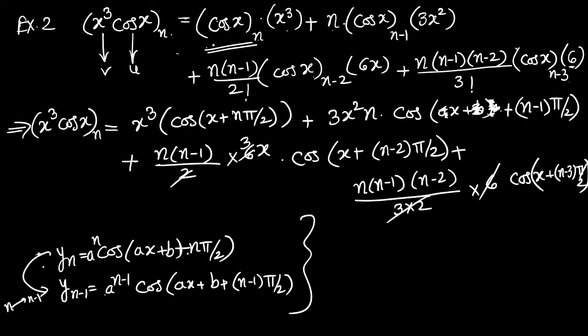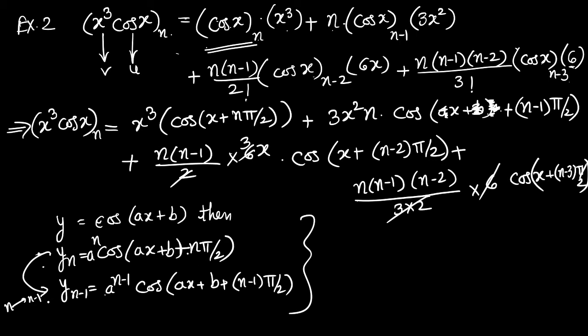Now for this cos x, we apply the derivative formula: whenever y equals cos(ax plus b), then y_n equals a to the power n cos(ax plus b plus n pi by 2).